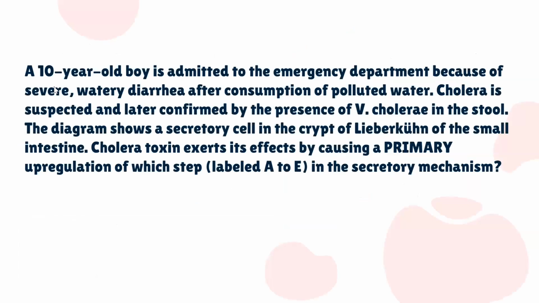Okay. A 10-year-old boy is admitted to the emergency department because of severe watery diarrhea after consumption of polluted water. Cholera is suspected and later confirmed by the presence of Vibrio cholerae in the stool. The diagram shows a secretory cell in the crypt of Lieberkühn of the small intestine. Cholera toxin exerts its effects by causing a primary upregulation of which step in the secretory mechanism?